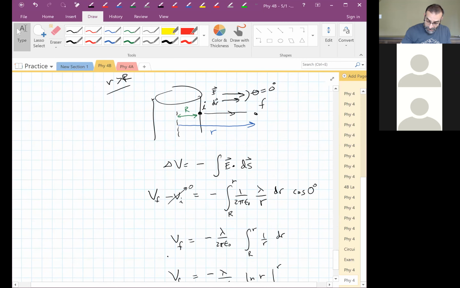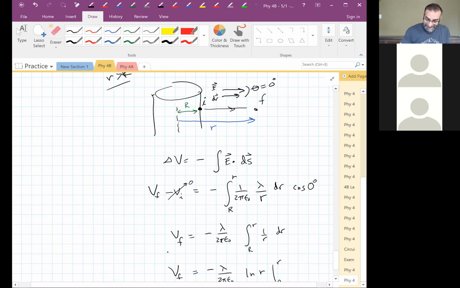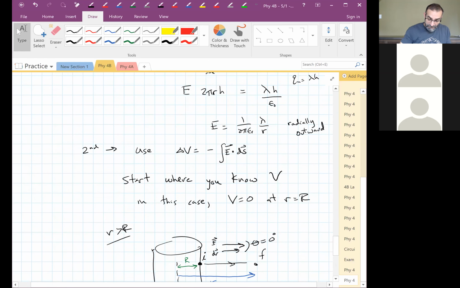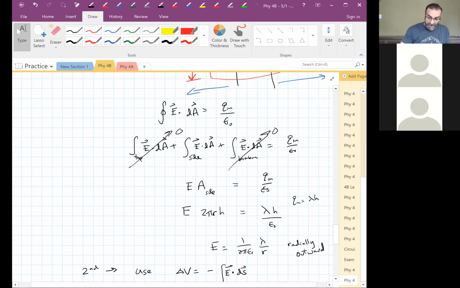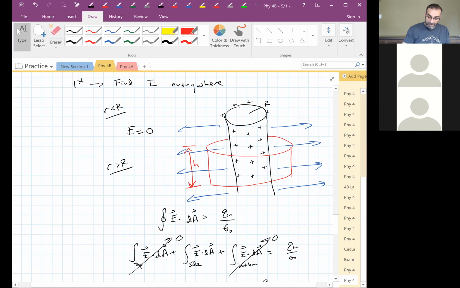Things just disappear sometimes. Okay, so what direction does our electric field point? Points radially outward, right? And if we start at 0 and we go in the direction of the electric field, what does our V have to be at the end?